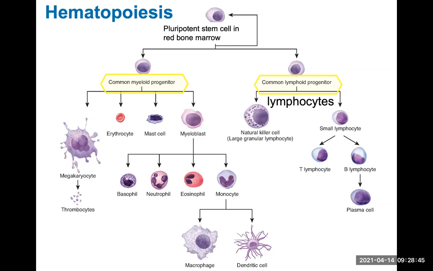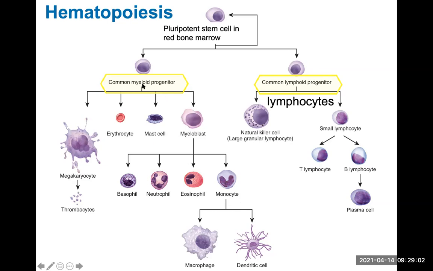Okay, and then the last type of cell made from your myeloid progenitor is the myeloblast, which makes white blood cells called basophils, neutrophils, eosinophils, and monocytes.